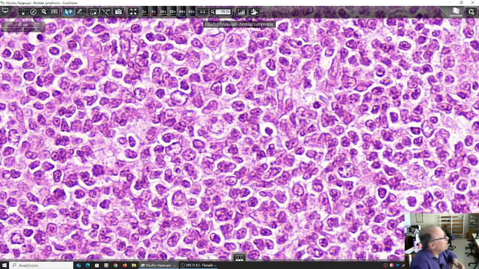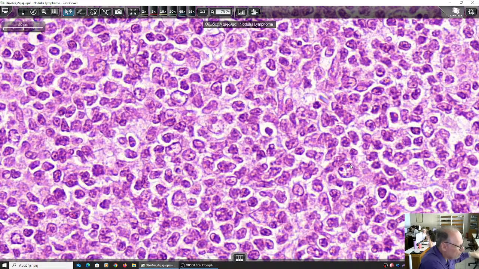Okay? And another pair of markers is the one that tells us that this lymphoma derives from the blast center. And this is CD10 and BCL6. So, to summarize, we have no classical Hodgkin lymphoma giant cells.